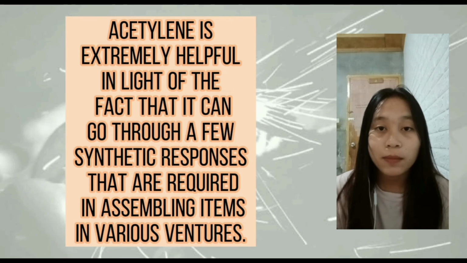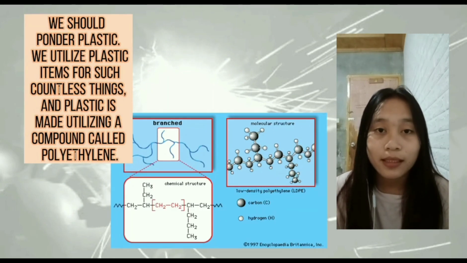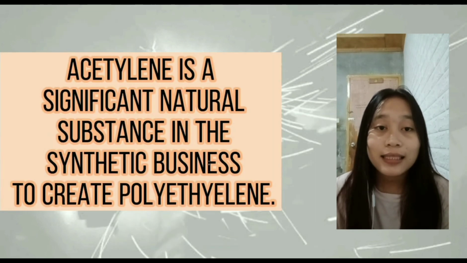Acetylene is extremely useful because it can undergo several chemical reactions that are required in manufacturing products in various industries. Let's think about plastic. We use plastic products for so many things, and plastic is made using a compound called polyethylene. Acetylene is an important organic substance in the chemical industry to produce polyethylene.